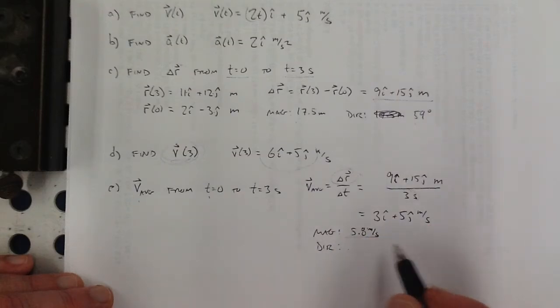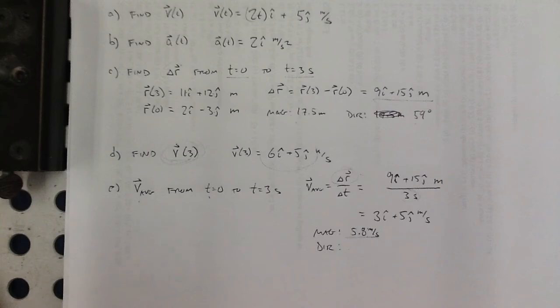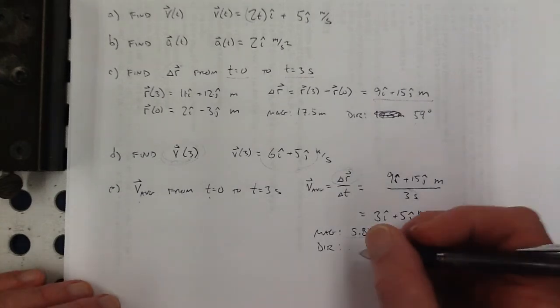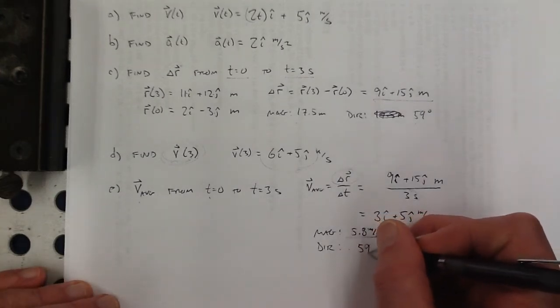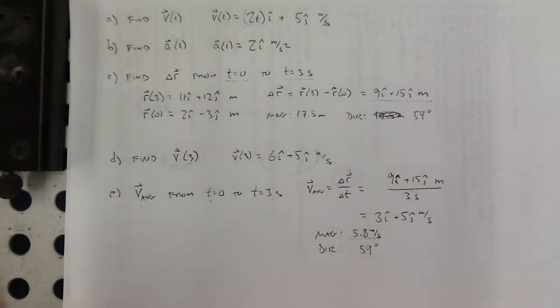So here the direction is tangent inverse rise over run. That's 59 degrees.